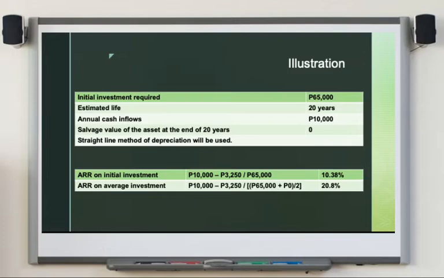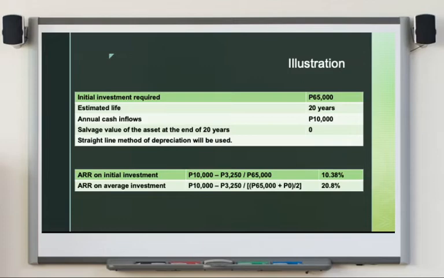Okay, so in this illustration, if the minimum rate of return of the company is, say, 10%, and the computed ARR is 10.38 using the initial investment, then we can accept the project because ARR is greater than the minimum rate of return of 10%.